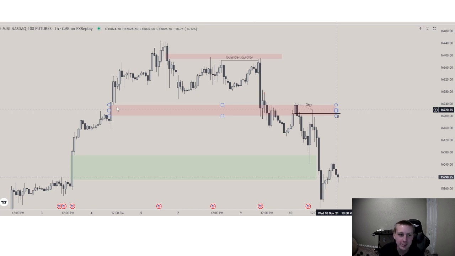Basically, this is a 1 hour inverse fair value gap, and the reason it is an inverse fair value gap is because there's context around it. This was, I believe, at 9 a.m., so 9 a.m. expansion, 10 a.m. expansion. So there is some context around it. We end up displacing through it. Look at the bodies. Is that a coincidence? Look at the bodies, and then look at this again.